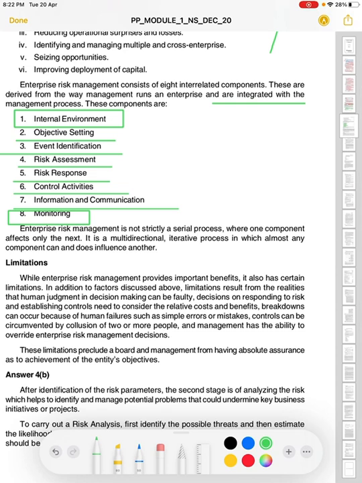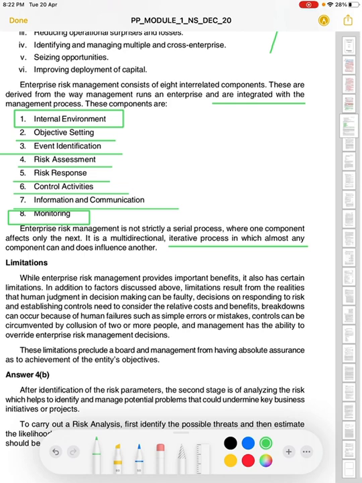Enterprise risk management is not strictly a serial process where one component affects only the next. It is a multi-directional, iterative process in which almost any component can influence another.